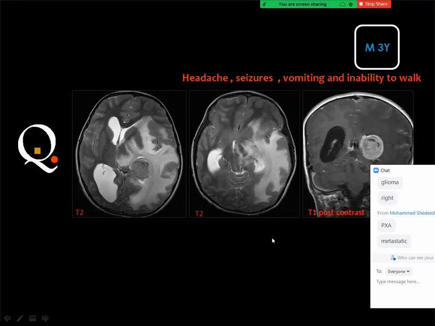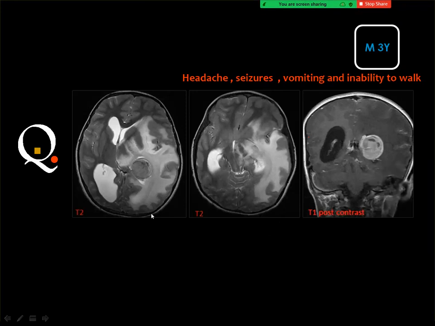I hope you don't say metastasis unless you have a positive history of primary malignancy, or you have a finding in the images that can support your diagnosis. Never say that these are metastases unless one of these two prerequisites is available.